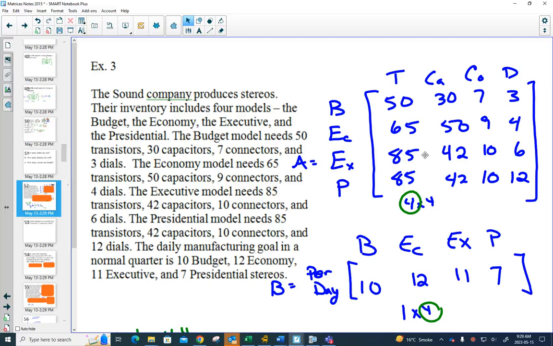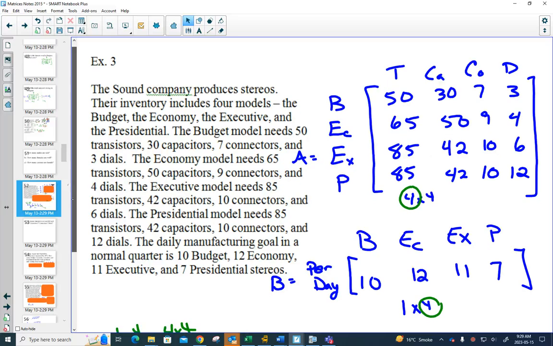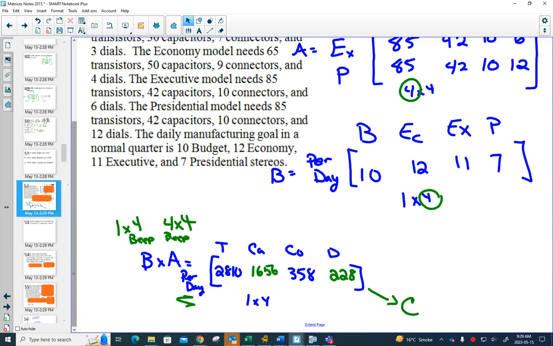And again, if you didn't have matrices and you had this information, you could solve the first question. The first question says, how many do you need of each per day? Well, we would have to multiply B times A, because B times A is the only way that the 4s match up. And those 4s both represent the beep. And the 1 was per day, and the other 4 was the transistors, capacitors, connectors, and diodes.